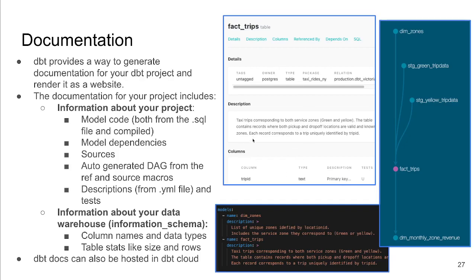And it's also going to add some information that it's going to retrieve from your data warehouse. This website can be embedded in DBT Cloud, or if you're running in the terminal, so DBT locally, you could also run DBT docs generate and DBT docs serve, and you could have it as well in your localhost.